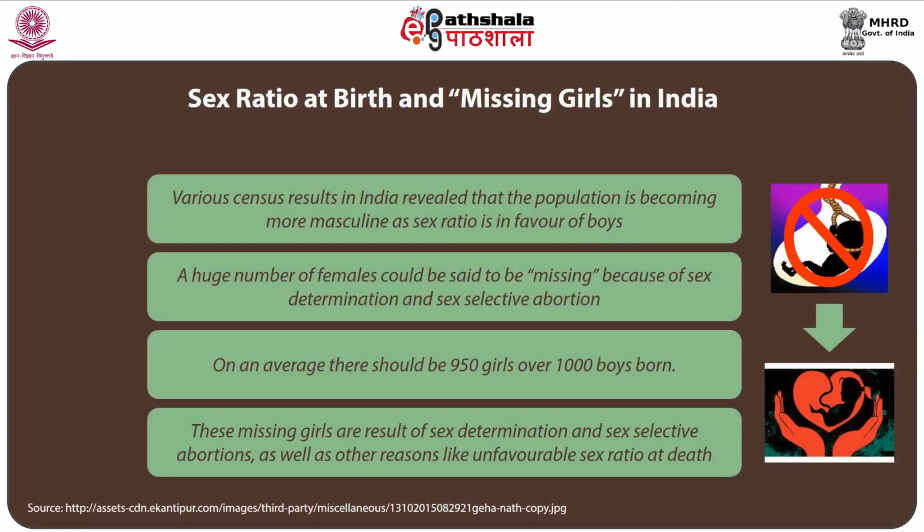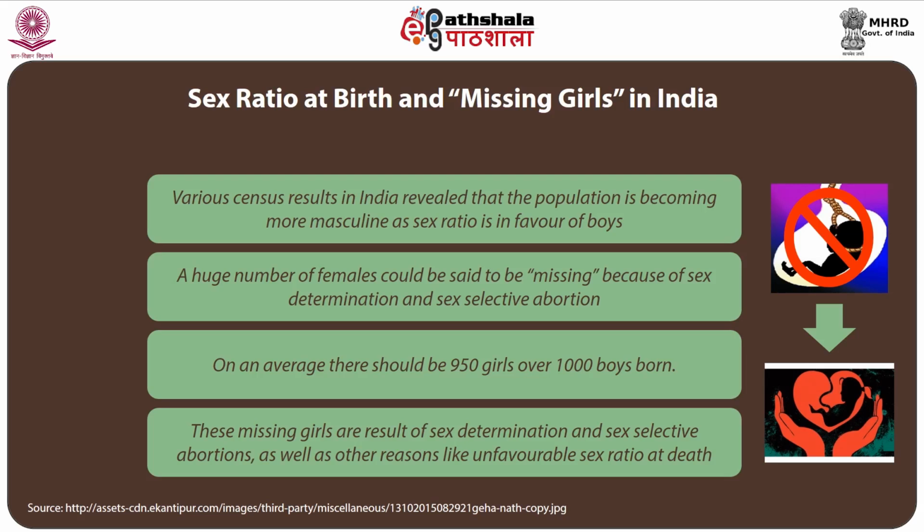Sex ratio at birth has also led to a discussion on the missing girls in the country, because it is found that there are millions of girls missing due to the lower sex ratio of females to males, as well as other factors such as sex differentials in fertility, sex differentials in mortality, and sex differentials to some extent in migration.